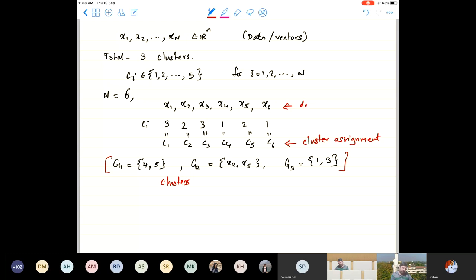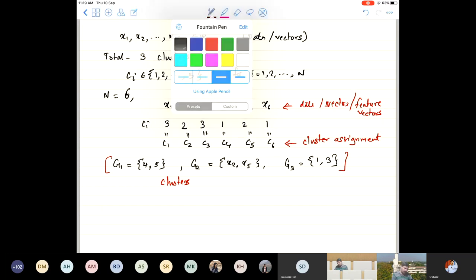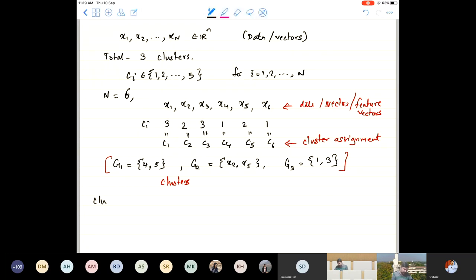And this is the data that is given to us: data, vectors, or feature vectors. That's what we have. And then what we want is something called a cluster representative.